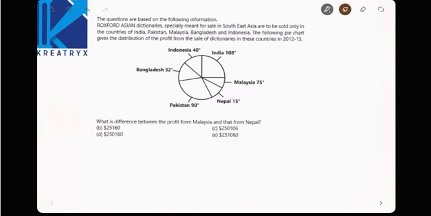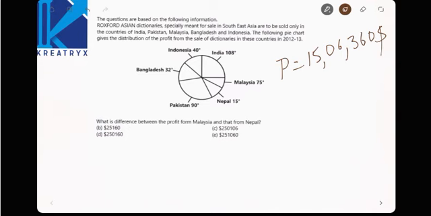Now here data is left, right? The total profit they got is 15,06,360 dollars.